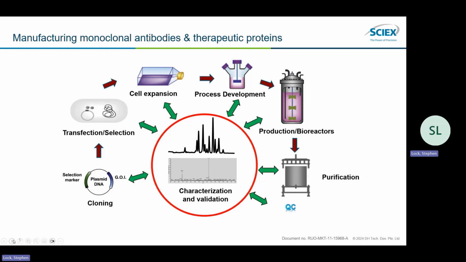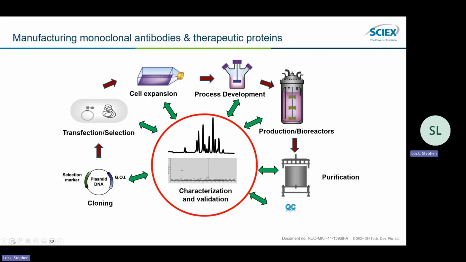And here you get some ideas how you would manufacture, say, a monoclonal antibody. I think really glycan analysis starts to kick in when you're looking at understanding your clone or your cell line, which is being used to produce your therapeutic protein.